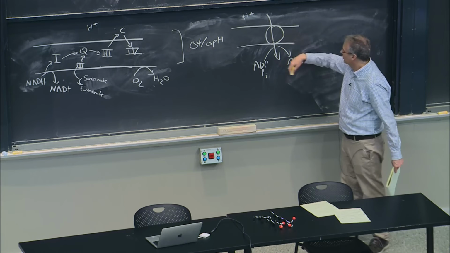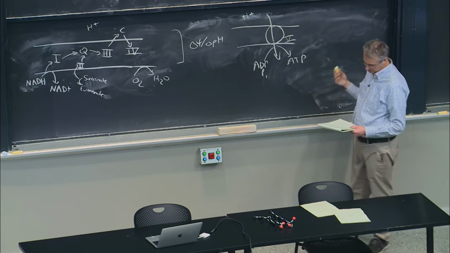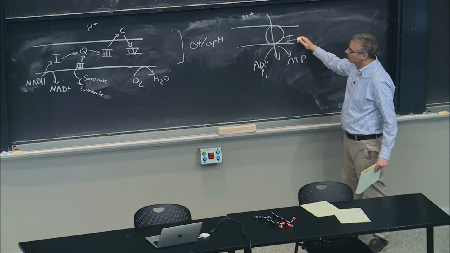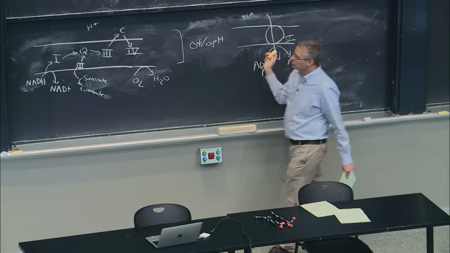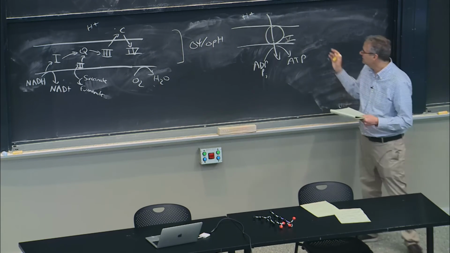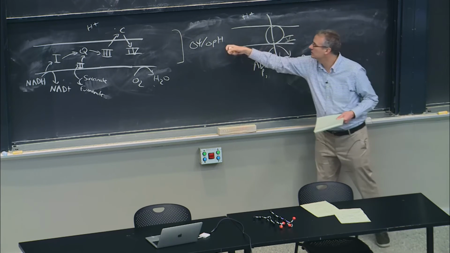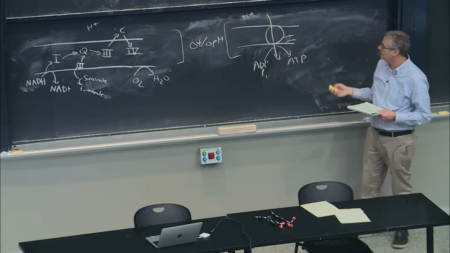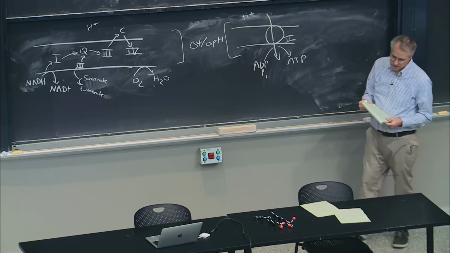Now, this occurs also by a large protein complex, sometimes referred to as complex 5. But remember, complex 5, or this ATP synthesis machinery, is not really part of the electron transport chain. It is separate in space and is basically a way to utilize this delta psi, delta pH across the membrane to drive ATP synthesis.